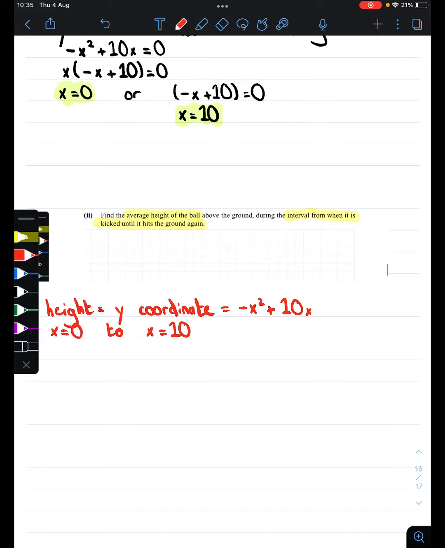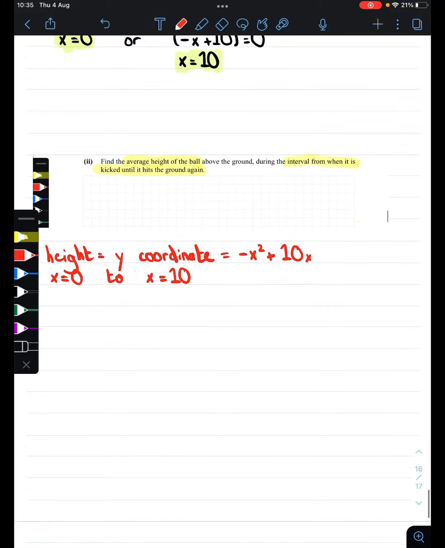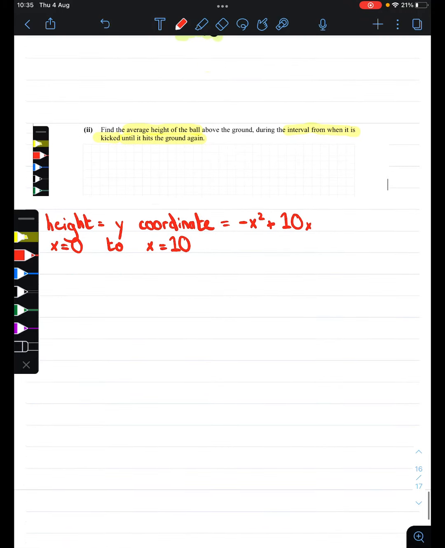Okay, so whenever you hear the average of a function, you should be immediately thinking of this formula with the integral.